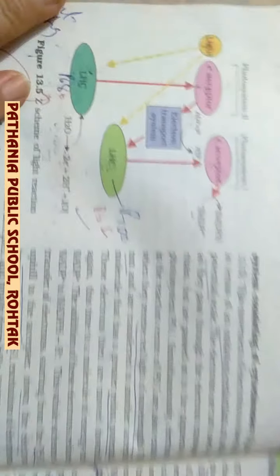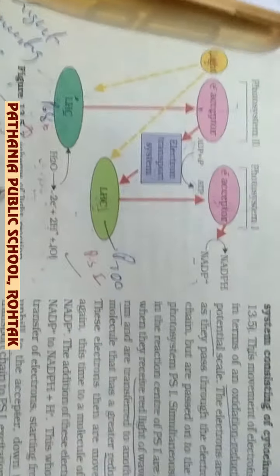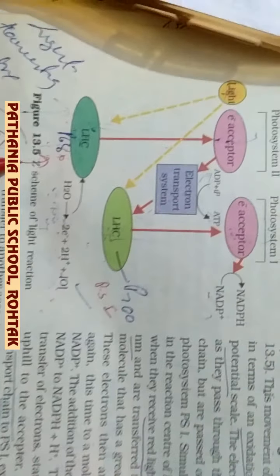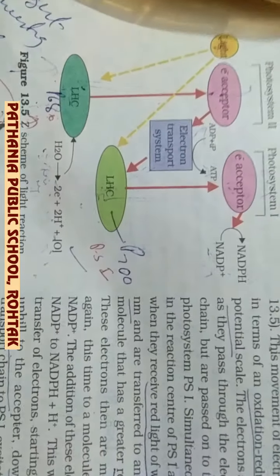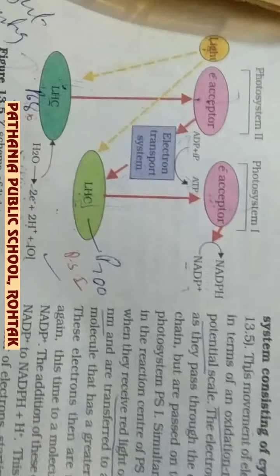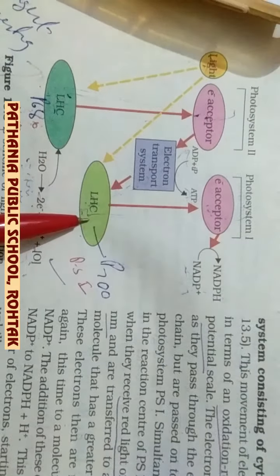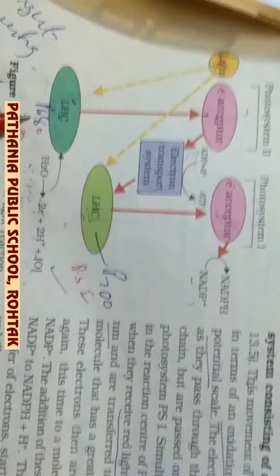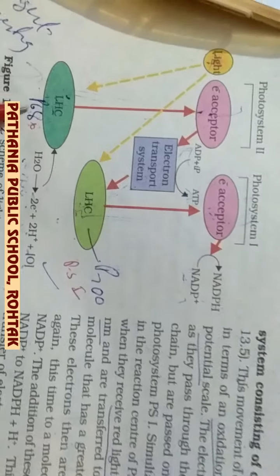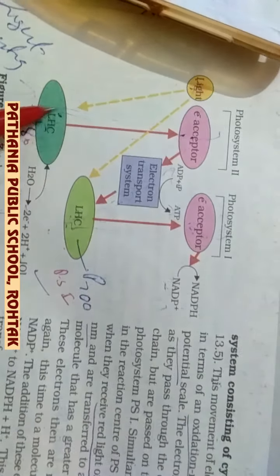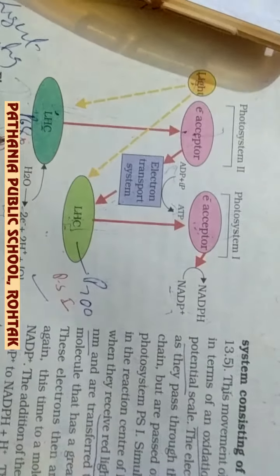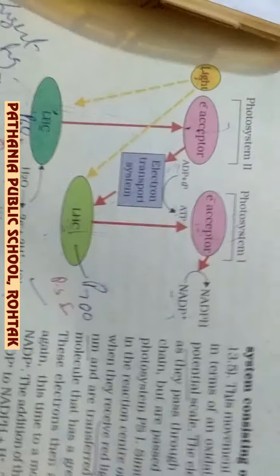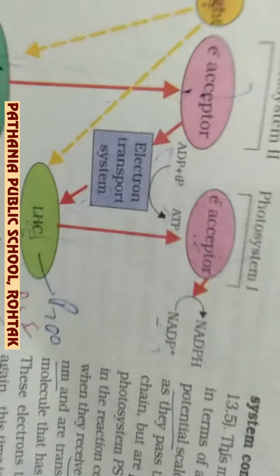Now I am coming to pigment system 2. Here it is given that pigment system 2 operates in the Z scheme manner. Here both the pigment systems are involved. First this is pigment system 2, that is P680. So when this P680 receives light, it gets excited.